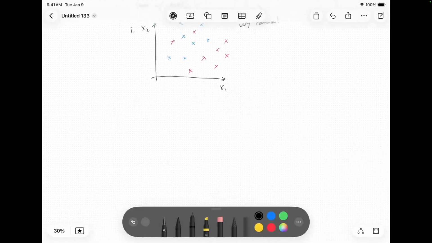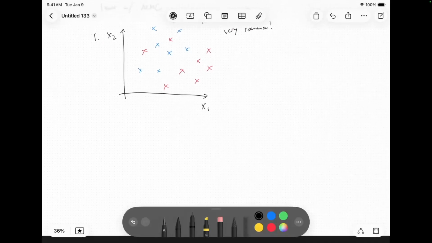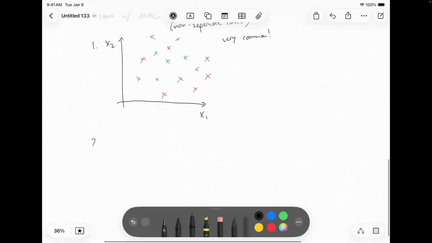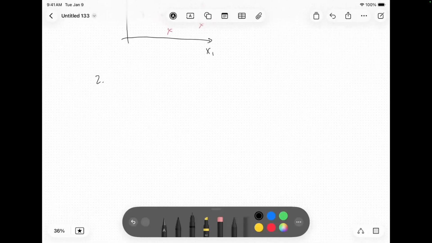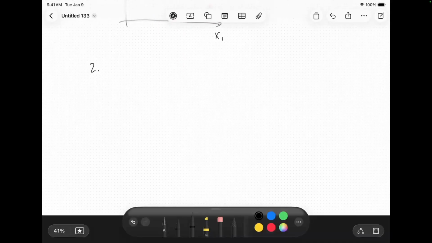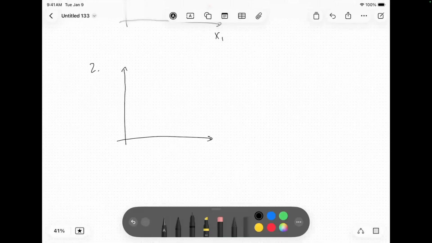The other problem is a little bit more subtle. I'm going to see if I can draw this accurately. So we have x1, x2. This stuff doesn't matter.